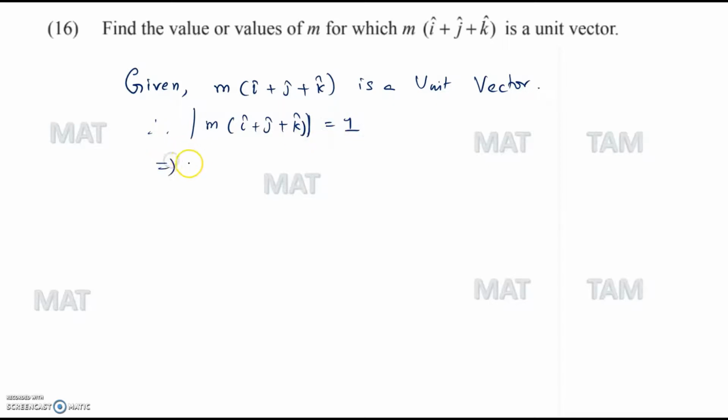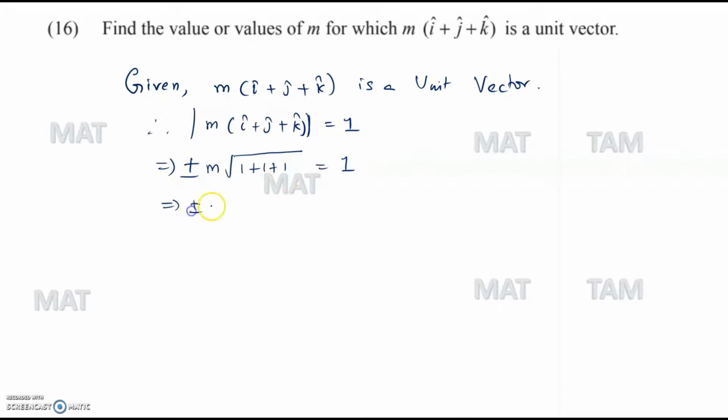So we can say that when we take the magnitude of this vector here and multiply it with m, it's the same as this. So it's plus or minus of m into, as I'm taking the square root here, I'm putting plus or minus here, 1 squared plus 1 squared plus 1 squared, which will be 1 plus 1 plus 1.